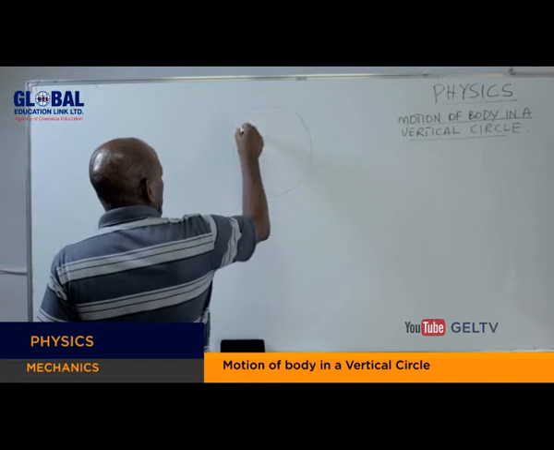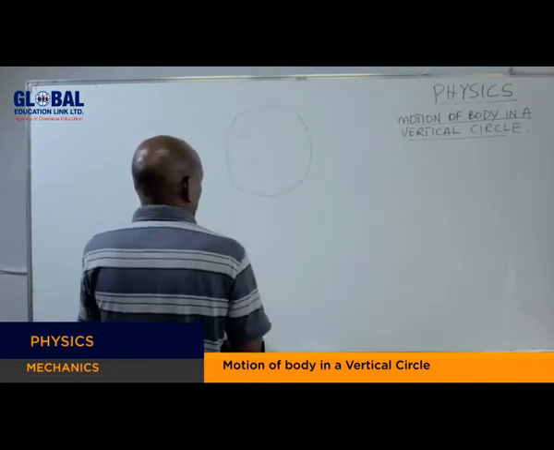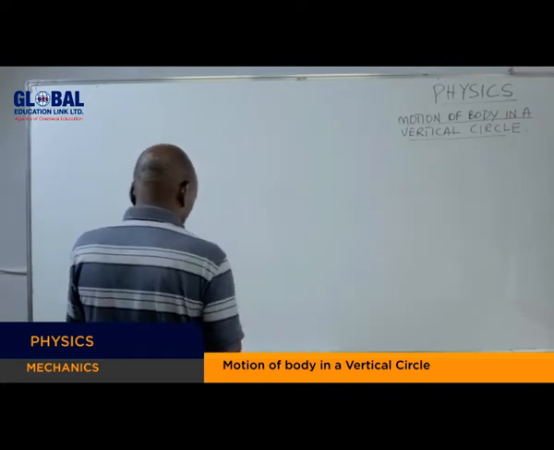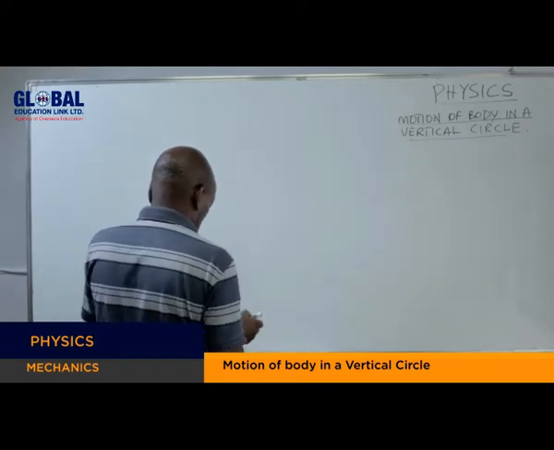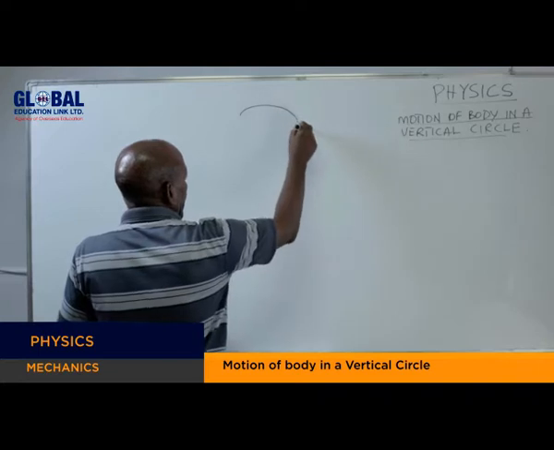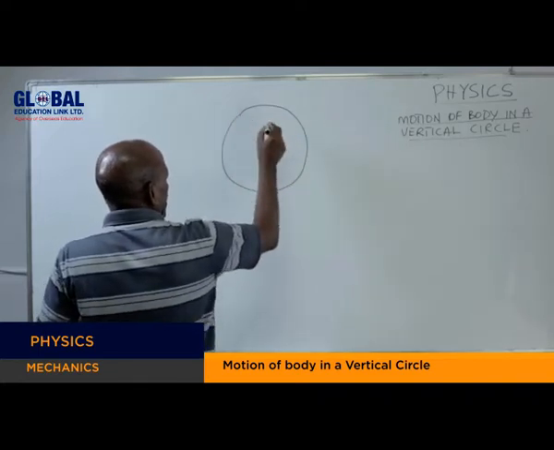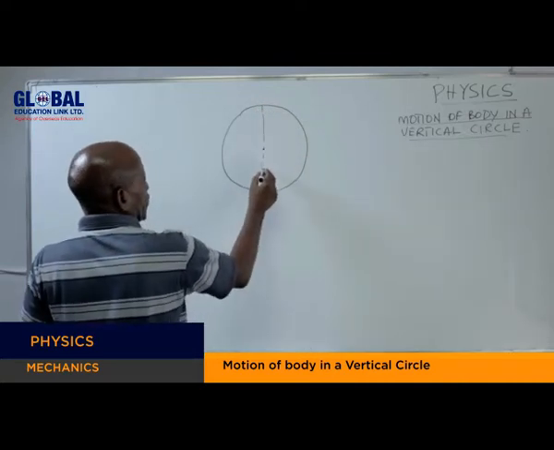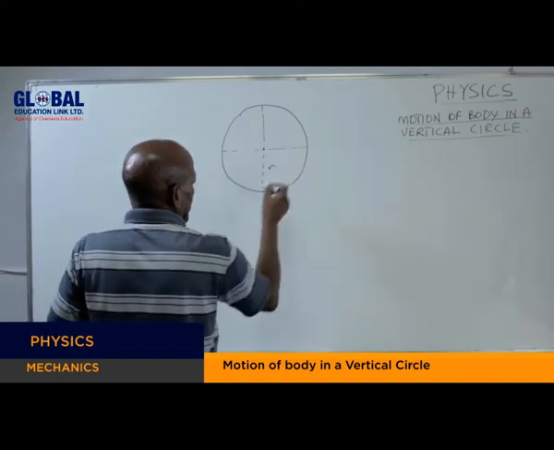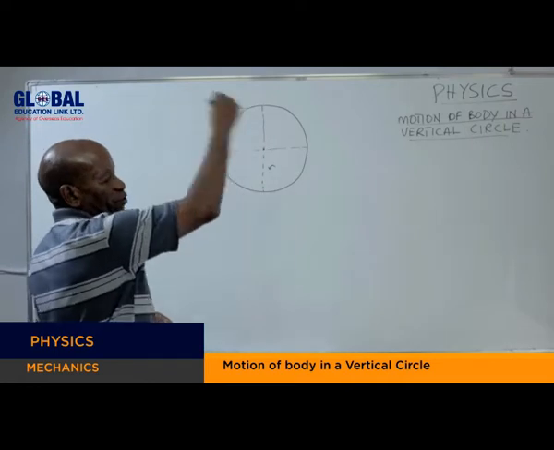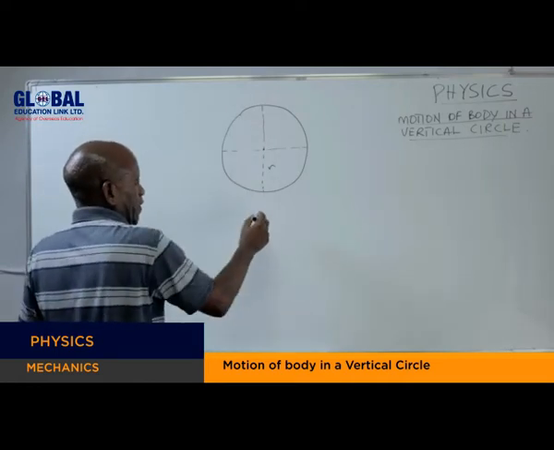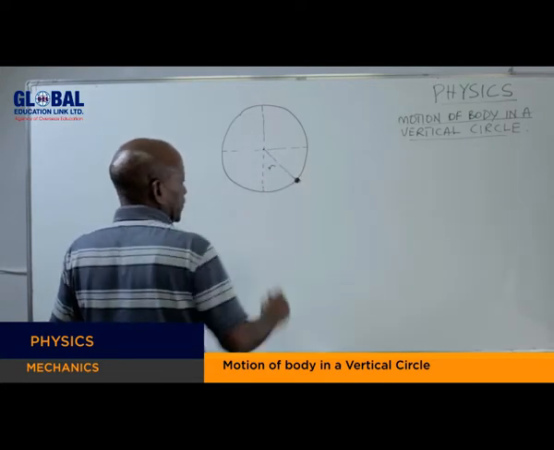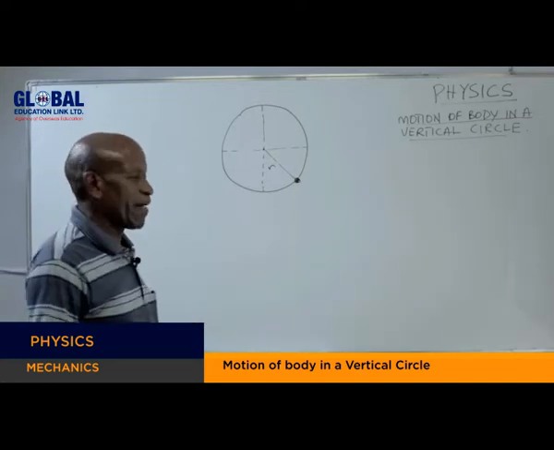Let's assume that we have such a circle. If we take this to be a circle of radius r, and the body is made to move in such a vertical circle with a certain radius, then at any instant this body could be somewhere there.